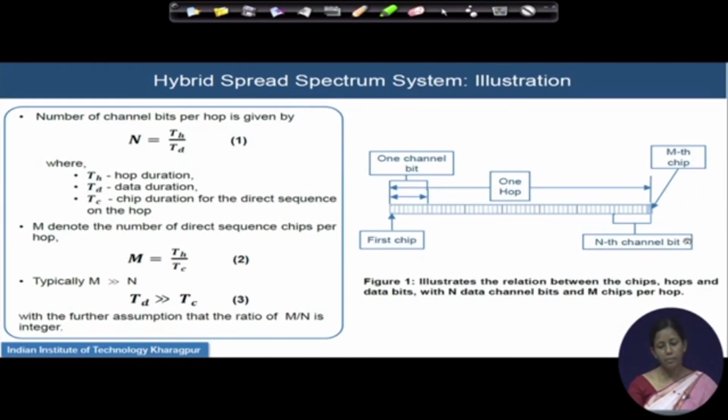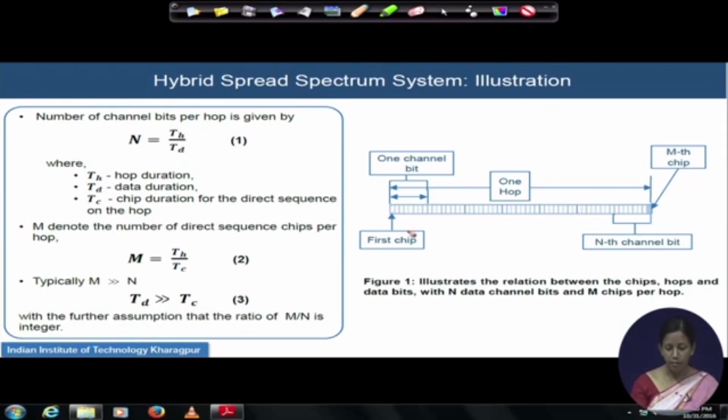So, in a hybrid spread spectrum system, whatever I was explaining in the last slide is something like this. This is the total channel available for a particular hop, and this is one hop. Suppose in this one hop, these are the channel bits, equivalent to symbols, that are available.